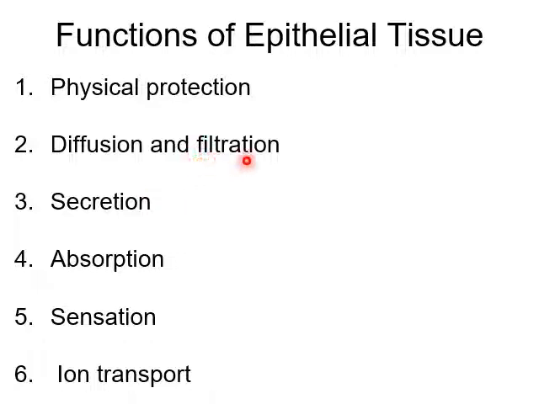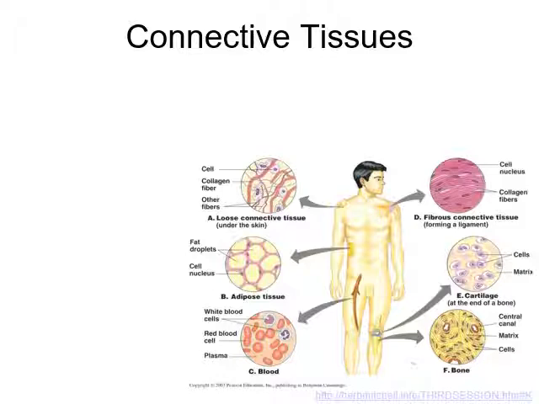Diffusion and filtration allow things to get into or out of the body. Secretion, things out. Absorption, sensation, and ion transport. So the cells of epithelial tissue serve important functions, and we'll be talking about them pretty extensively.